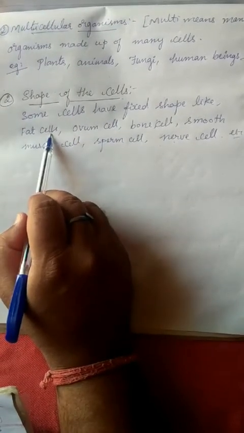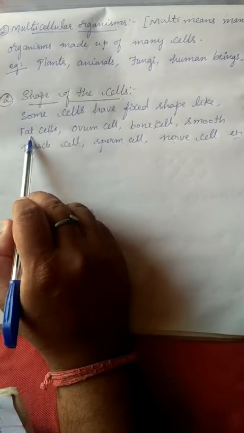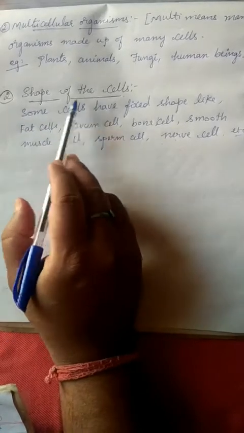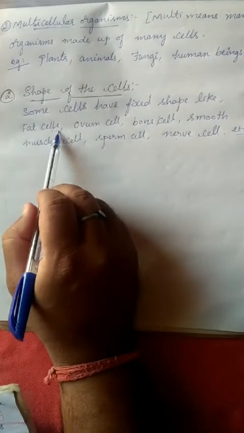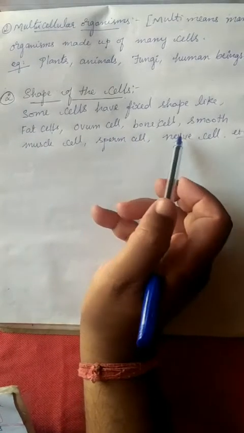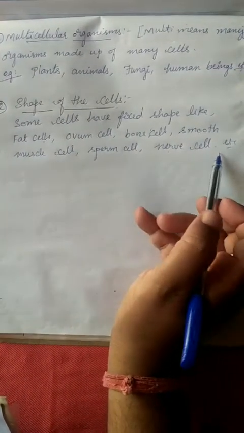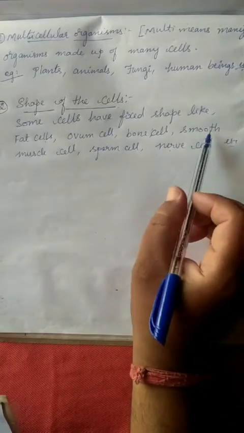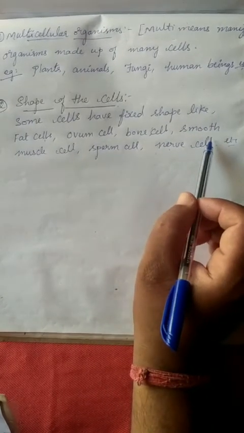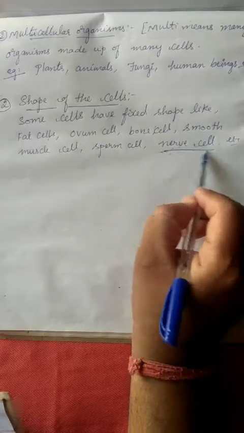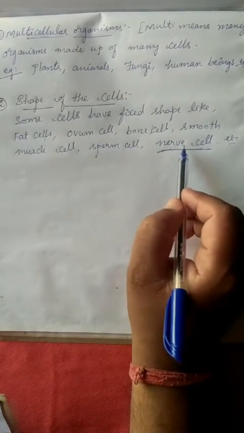You see the diagrams in your textbooks. The most typical shape of the cells is the nerve cell.